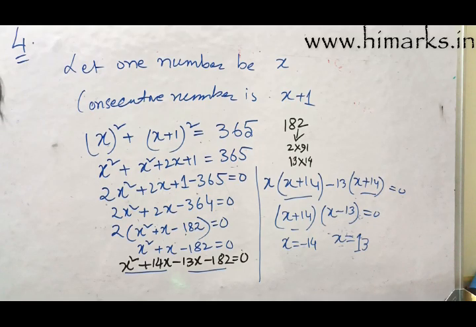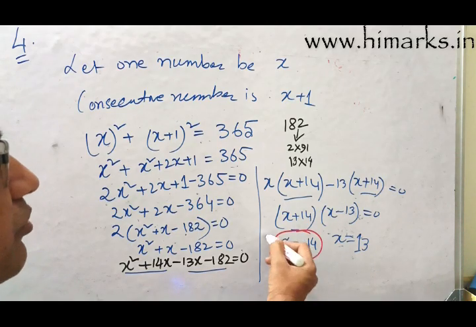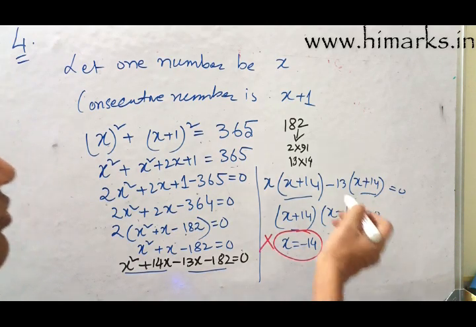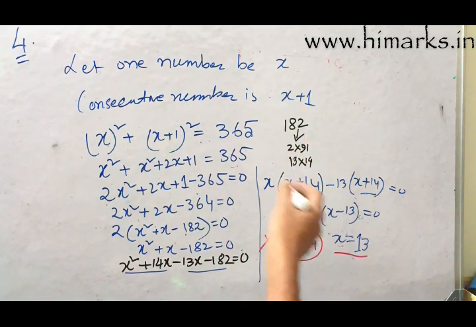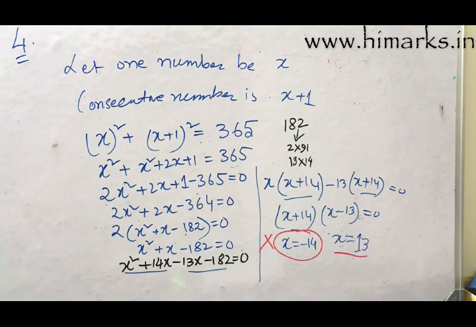We need to find positive integers. So that means minus 14 is not possible. Positive integer means x equal to 13 and the next consecutive number is equal to 14.